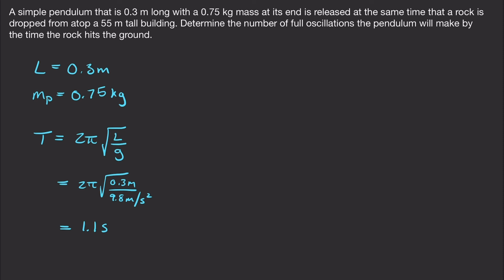So if we use kinematics, the height of the building, delta y, we know that. We know it's going to start from rest, and then we're looking for how long it's going to take. So we can use this expression. We need one with time in it. And v naught y is just going to be 0. So we can solve for t pretty easily.